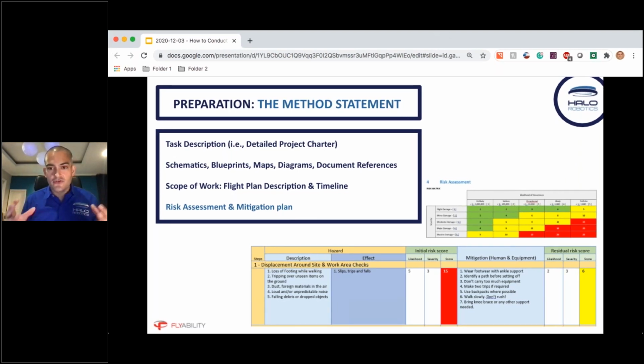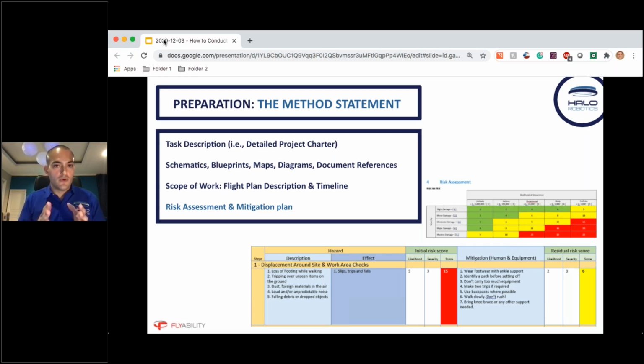Hazards are basically dangers or problems that can occur, and the point of risk management is to quantify that. When we talk about risk, we're talking about quantifying the likeliness and the severity or consequence, and that's what a risk matrix does: how likely something is to occur and the consequence if it does occur.